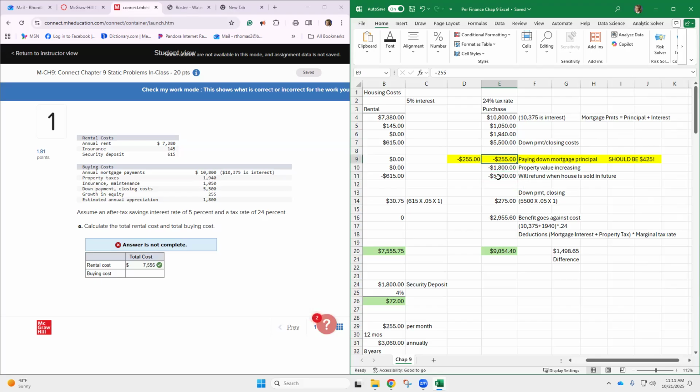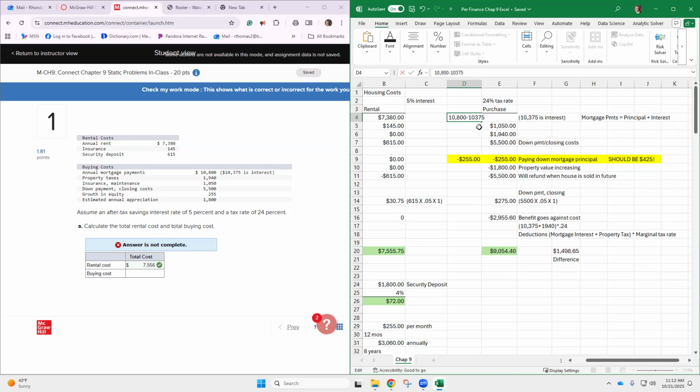When it comes to this equity payment, growth in equity, they put 255 down, but it should be 425. Okay, it should be 425, and here's why. Because up here under the mortgage payments, the $10,800 minus the 10,375, that's what your equity is.